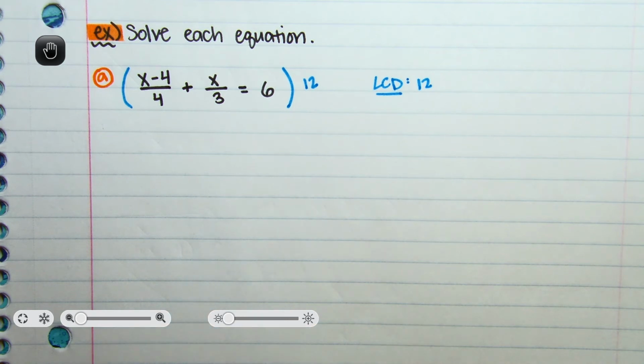But for this one, just to make sure that you see what we're multiplying everything by and making sure that we don't miss everything, I'm going to show you exactly what we're doing.